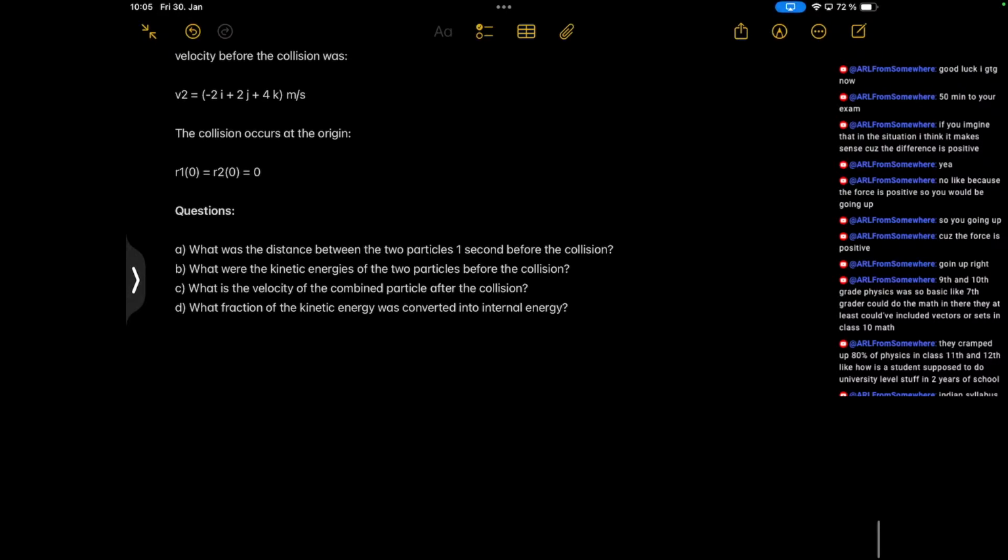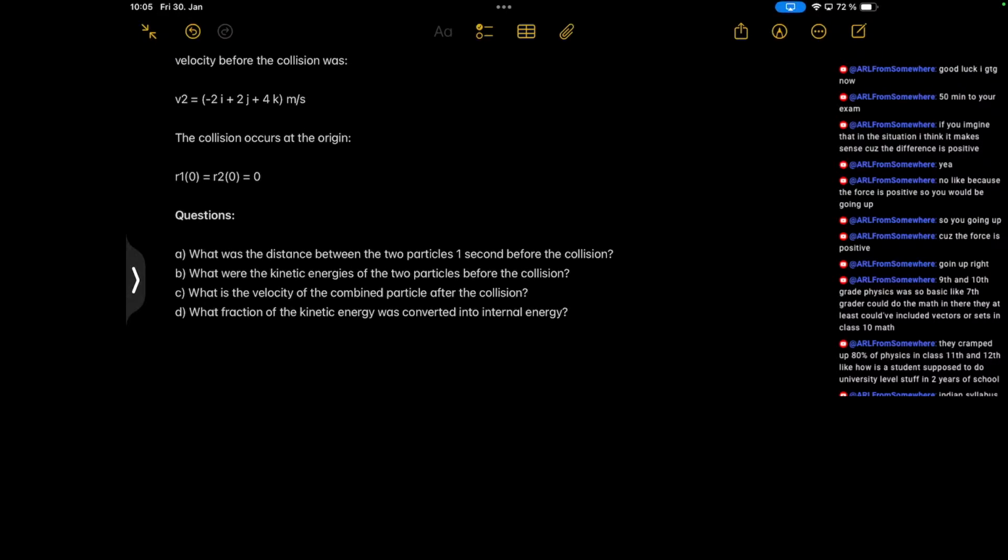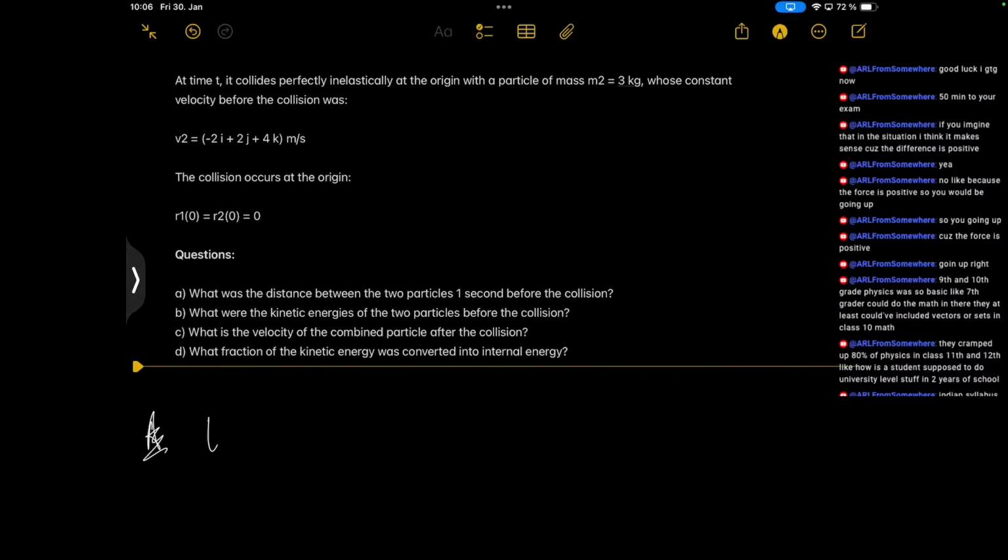So, what is the distance between two particles 1 second before the collision? T equals 0, collision. Therefore, t equals -1, 1 second before collision.